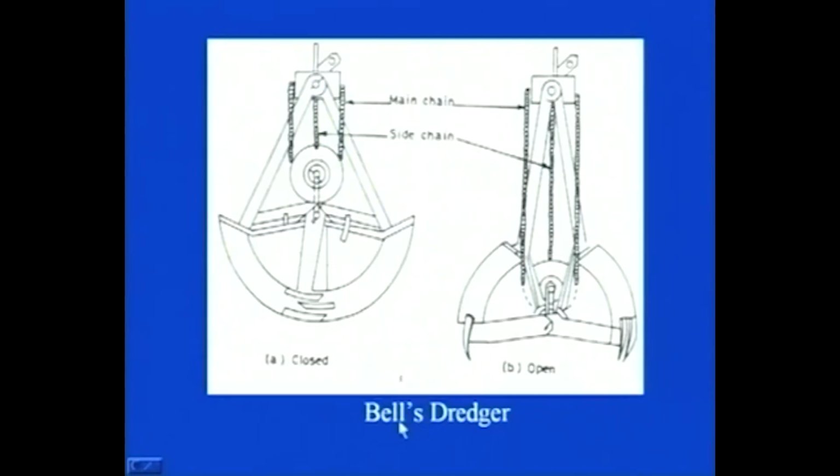You can see here a typical view of Bell's dredger. Here it is in closed position and here it is in open position. Main chain and side chain are shown in this figure. This is just a schematic diagram of Bell's dredger.